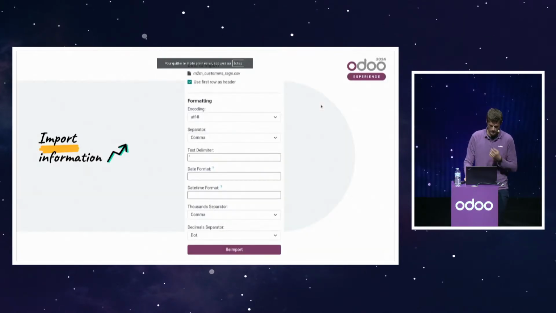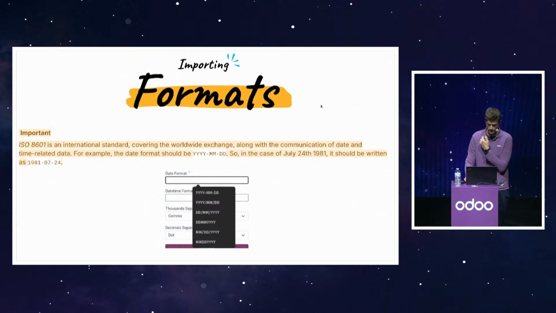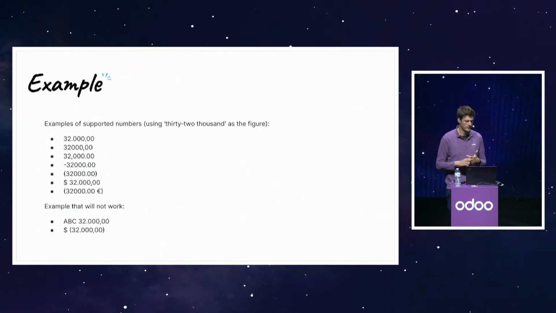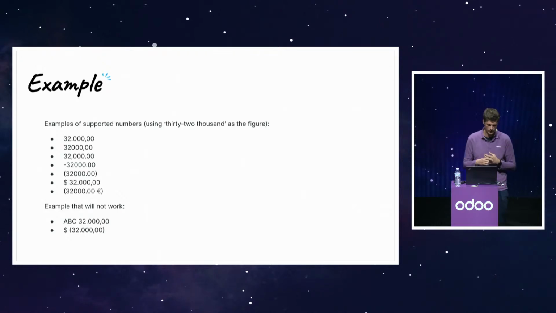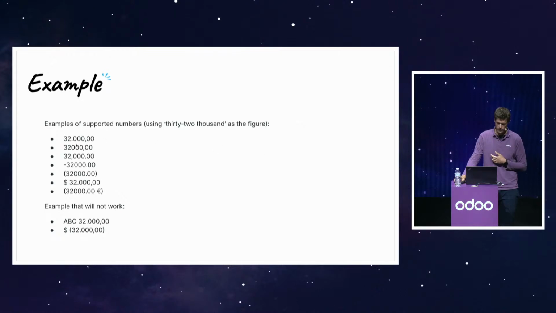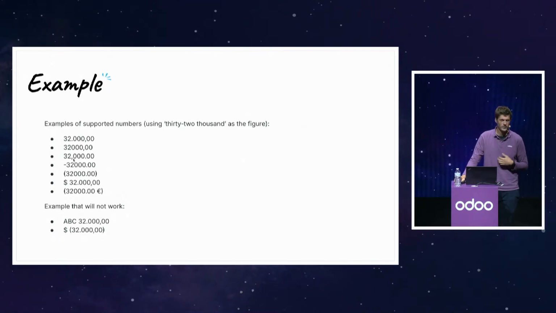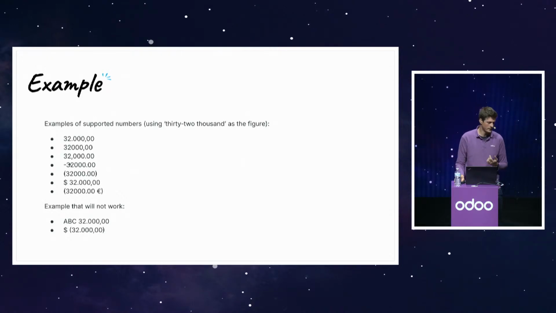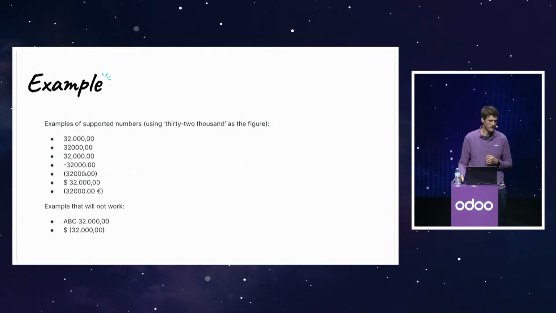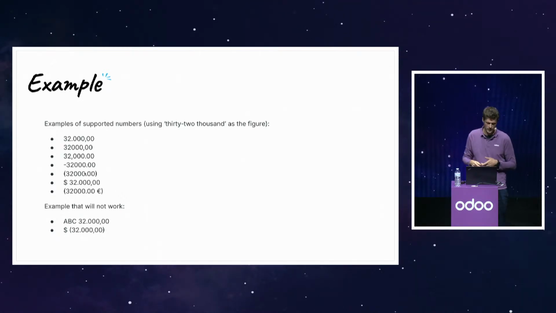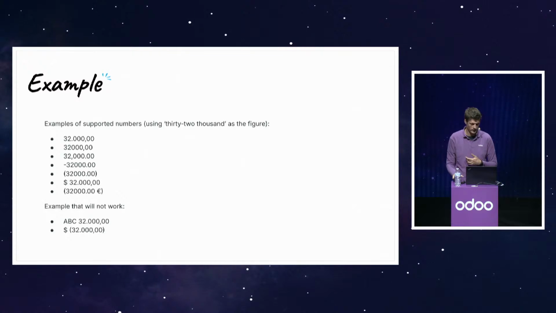Here I already explained all the different things. For example, something really important is the currency, when you have a currency. You can, for example, put a minus, put a dozen, or put a separator directly.